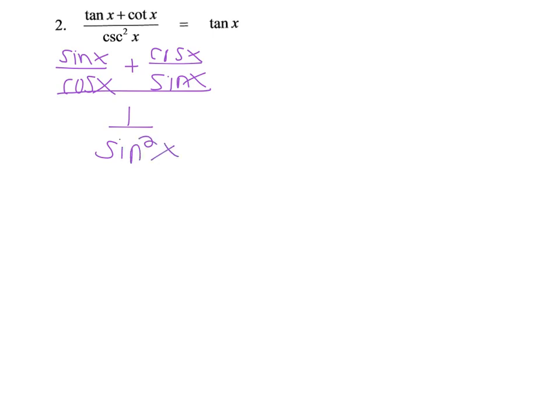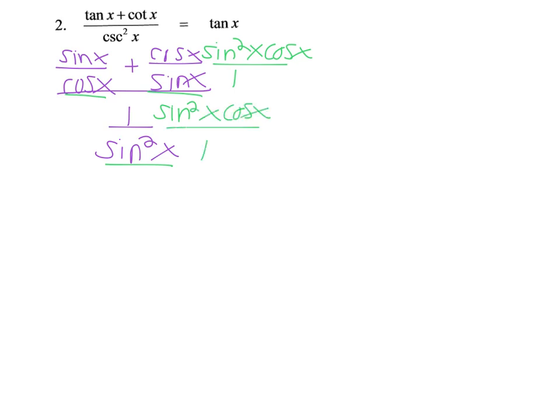So now that I have a complex fraction, I'm going to look at the common denominator of all of my little fractions and then get rid of it. So the common denominator of all 3 little fractions would be sine squared times cosine. And if it's helpful to put that over 1 so you don't make any mistakes, definitely do that.